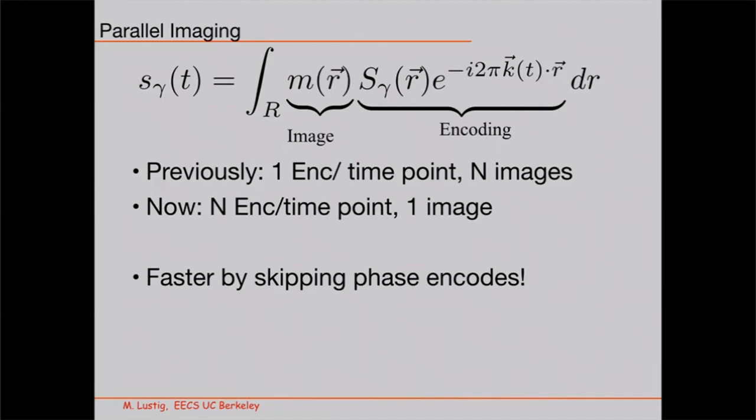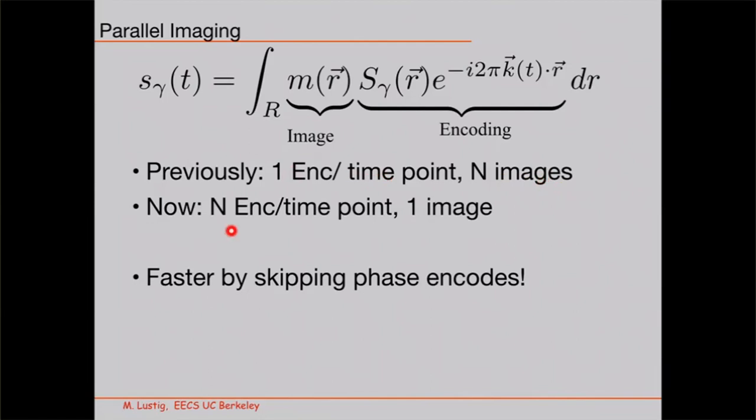Okay, so previously you have one encoding per one time point, and you end up with n images at the end. So one encoding per time point, and you get n images, right? Like you do full Fourier encoding, you get n images. You have n coils, you get n images.